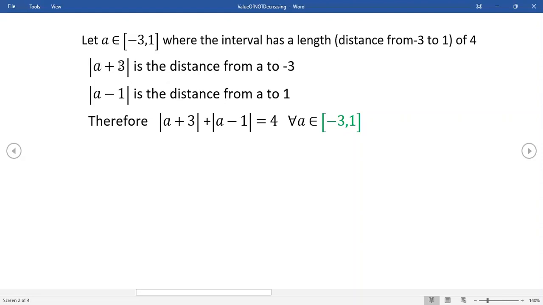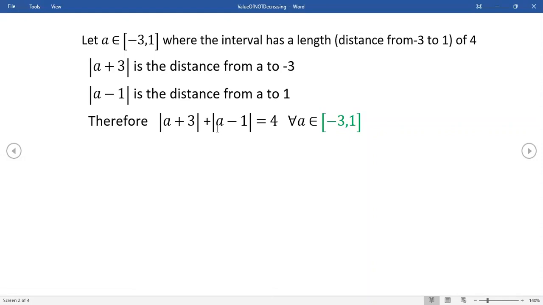The absolute value of 2 is 2, so this is the distance from a to -3. In a similar fashion, the absolute value of a minus 1 is the distance from a to 1. So if a is anywhere in that interval, it's going to break it up into two segments, and since the length is 4, the lengths of those two segments have to add up to 4.